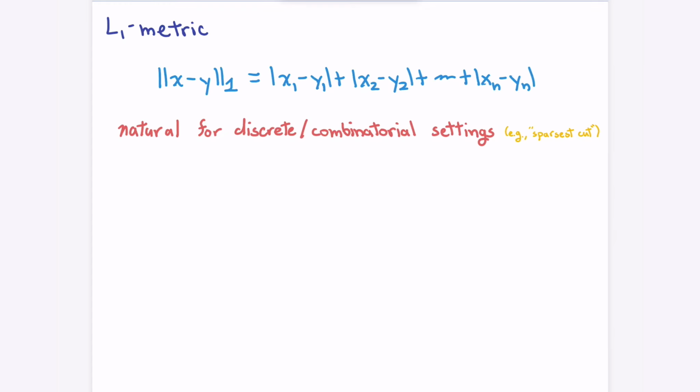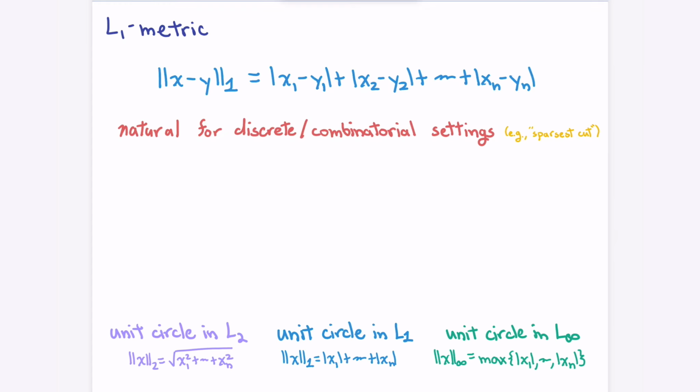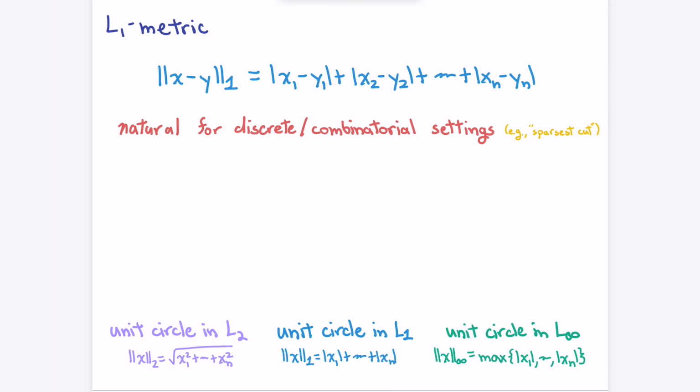So of course, that's one of many possible metrics. So for example, you have L2, L1, L infinity. What does a unit circle look like in L2? Okay, it's a unit circle. Okay, what does a circle look like, so to speak, all the things at distance 1 for L1? Survey says it's a diamond.